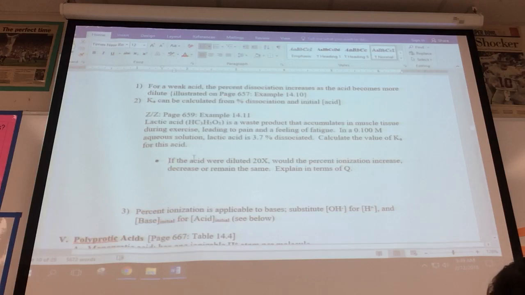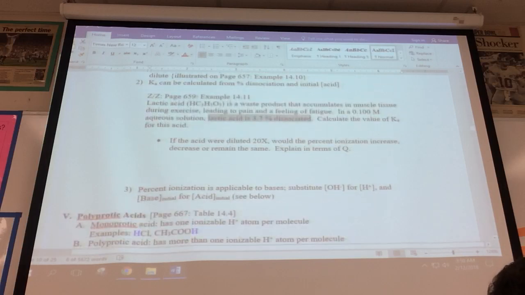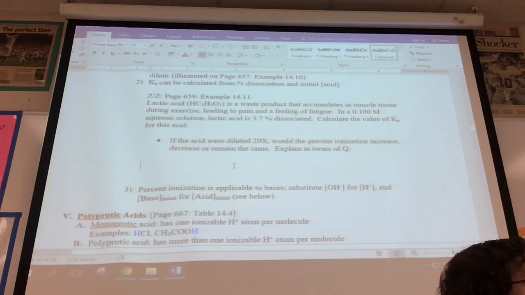It can be very painful. You could be running a race and trying to get over the finish line. In a 0.1 molar aqueous solution, lactic acid is 3.7% dissociated. Calculate the value of Ka for this acid. And that was in your notes already. I threw this part in to make sure you could do it. Give it a shot.